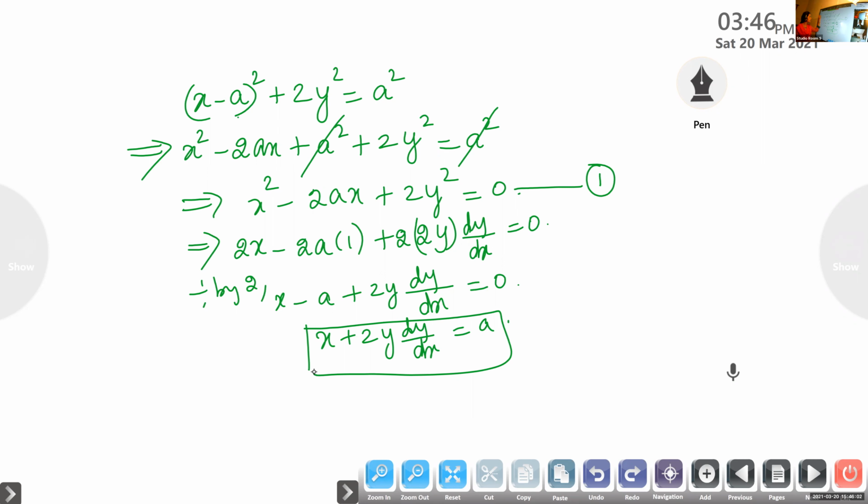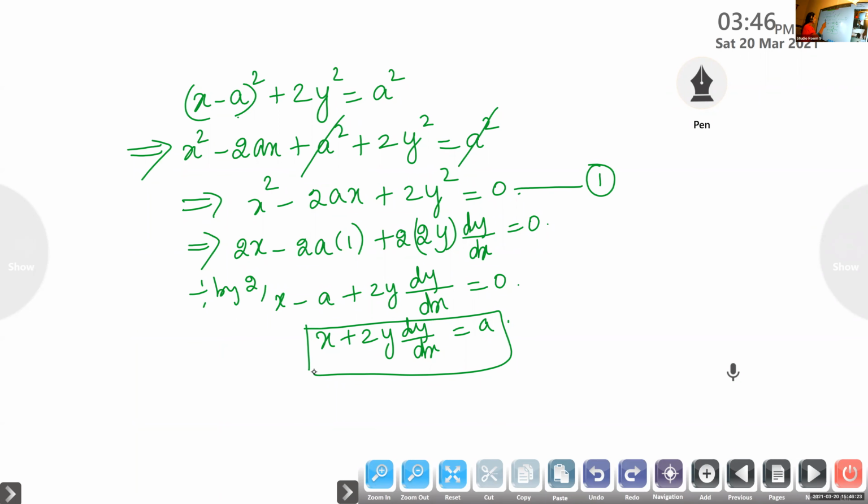I'll repeat the steps. We are expanding this using the identity (a minus b) the whole square. When you expand it, it is a square minus 2ab plus b square plus 2y square is a square. So on both sides a square will get cancelled. So we'll get x square minus 2ax plus 2y square is 0.